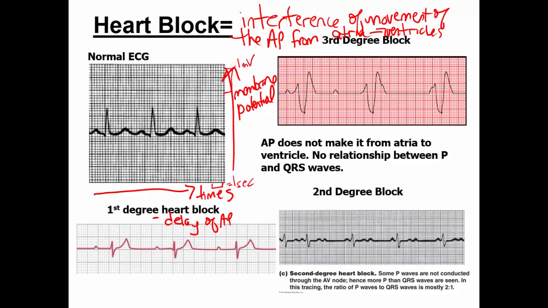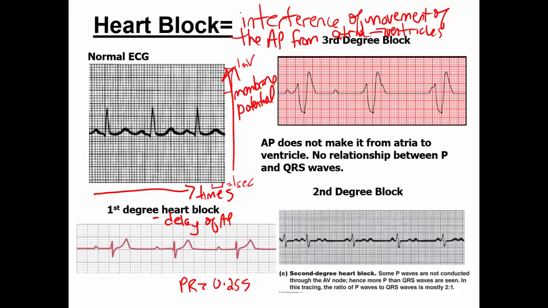If you look at the EKG, you can see the P, QRS, T, P, QRS, T, P, QRS, T. So the distance between the P and the beginning of the Q is longer. And there is a rule of thumb that if the PR interval is greater than 0.25 seconds, you have first-degree heart block.